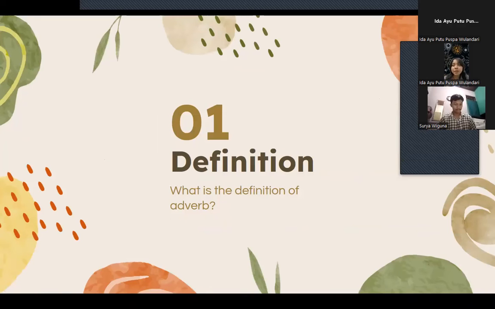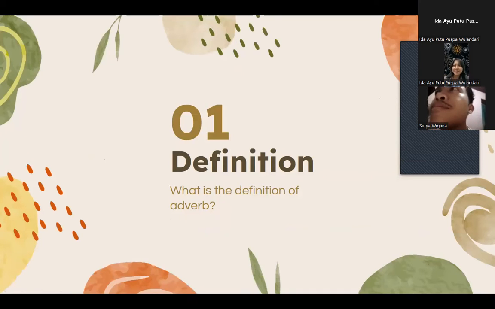So, Surya, what is the definition of the adverb based on your understanding? Okay, Miss. Based on my understanding, the adverb is the verb that contains, kata keterangan gitu. Intinya kata keterangan sih, ya.